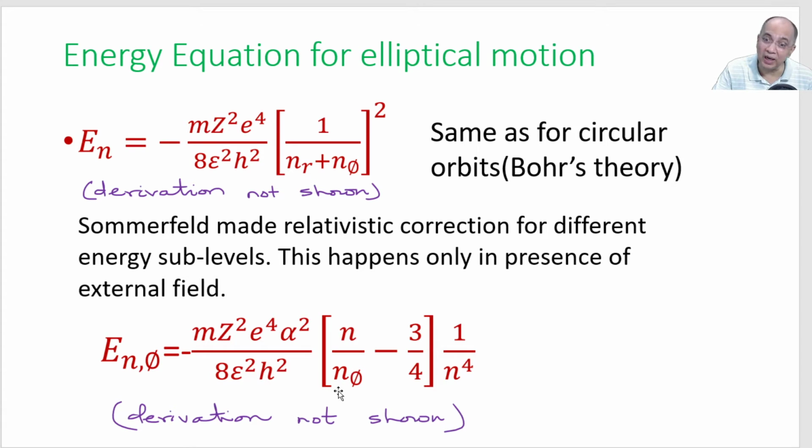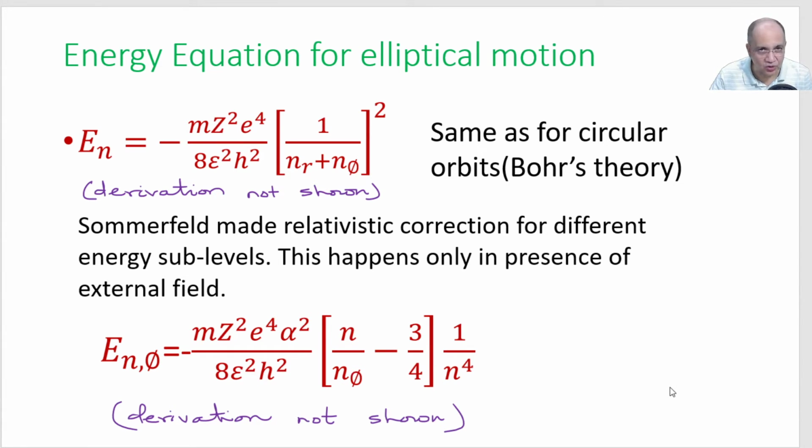When n phi is equal to 1, if you put 1 here and 2 here, you get one value of energy, and if you put 2 here, you get another value. So the suborbits now have 2 different energy values. Therefore, what referred to 1 transition energy will now refer to 2 transition energies. Don't worry, I'll tell you.